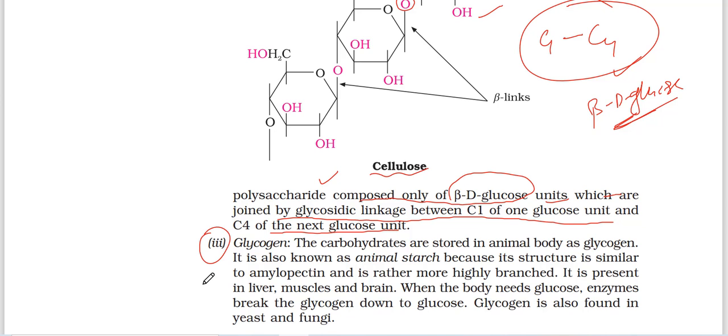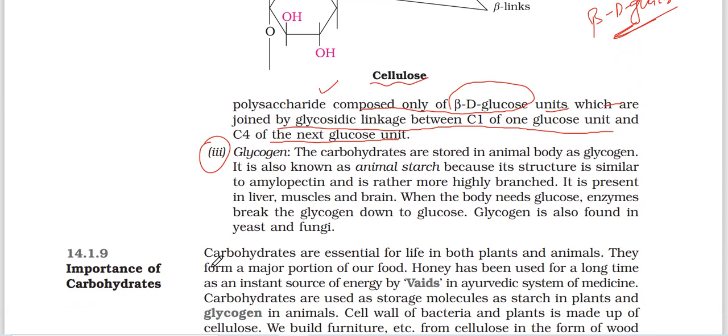Next, glycogen. Carbohydrates are stored in the animal's body as glycogen. The glucose is stored in the form of glycogen. It is also known as animal starch because its structure is similar to amylopectin and is rather more highly branched.